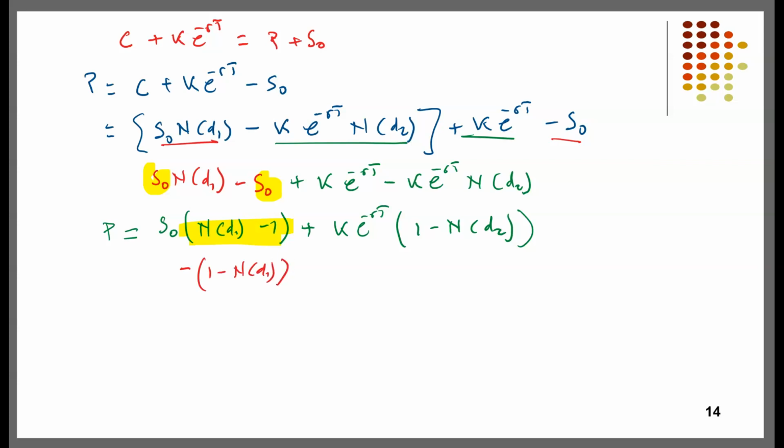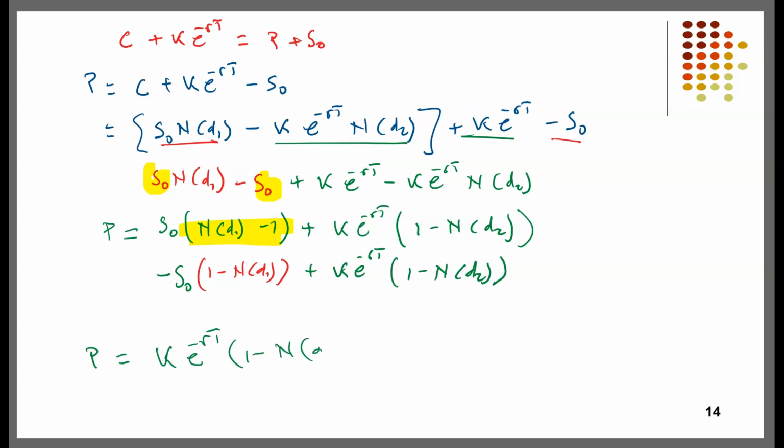Multiplied by S0, we would have minus S0 times 1 minus N(d1), and you add the present value of the strike times 1 minus N(d2). So the traditional definition of the put option value is the present value of the strike price multiplied by 1 minus N(d2), minus S0 multiplied this time by 1 minus N(d1).